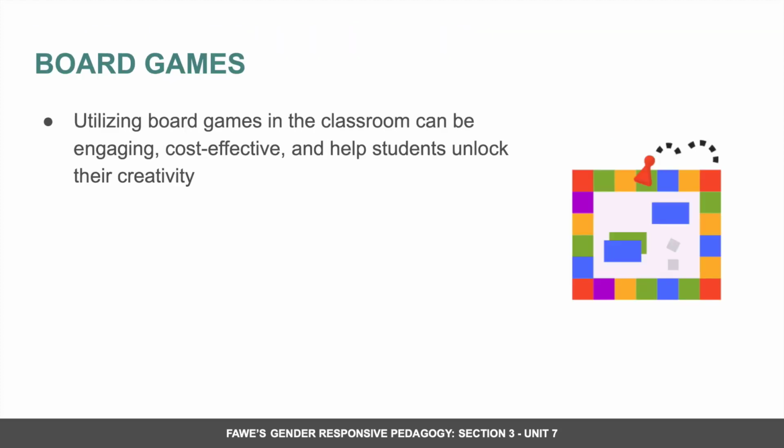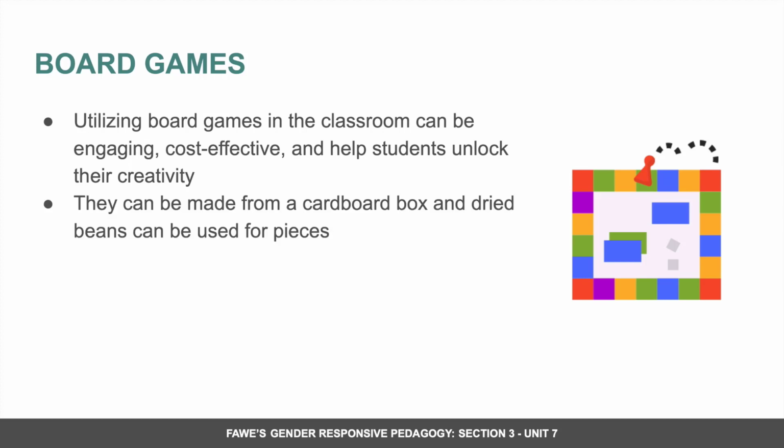To make board games, find an old piece of cardboard, perhaps from a cardboard box, and draw a grid to create a simple bingo board, or draw in some snakes and ladders, which can form the basis of just about any board game.